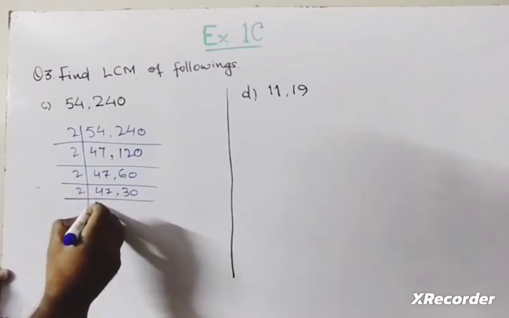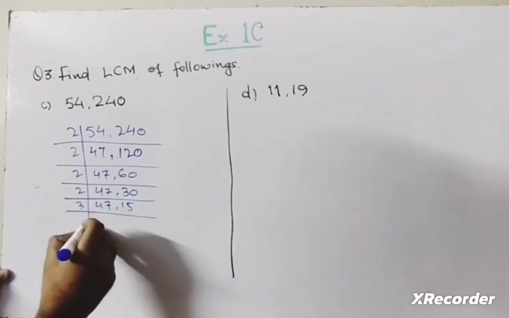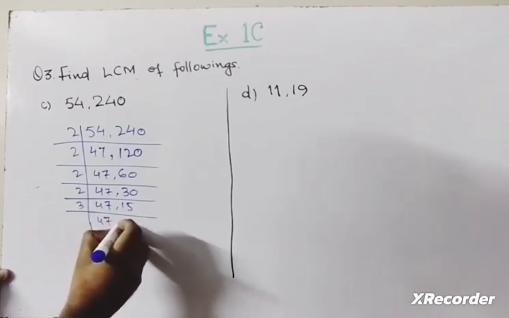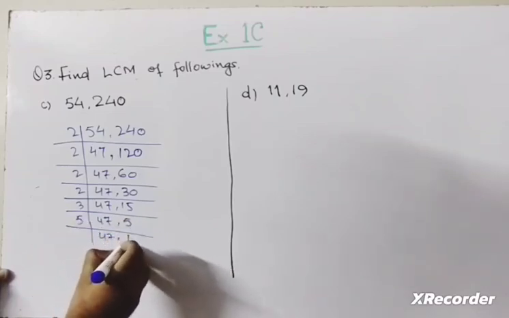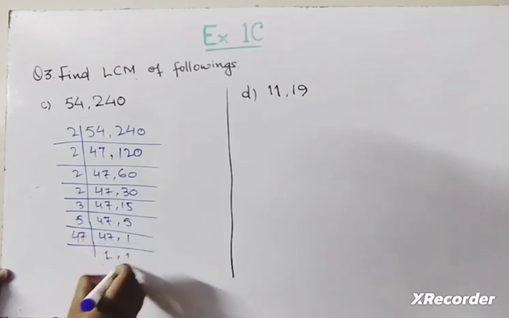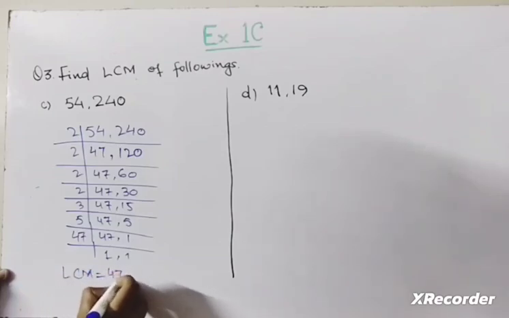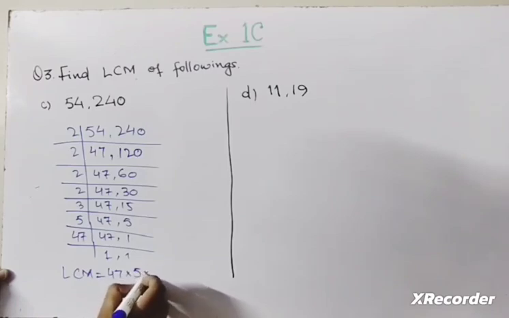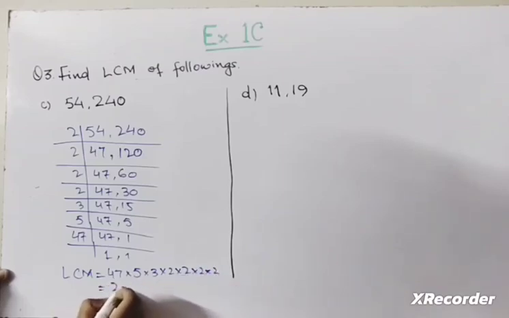Again with 2, 27, 15. With 3, 9, 5. With 3 again, 3, 5. With 3, 1, 5, and with 5 we get 1, 1. For the answer we multiply 3 by 3 by 3 by 5 by 2 by 2 by 2 by 2, and we get 2160. That is our required answer.